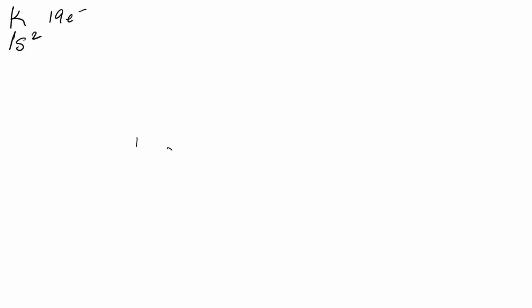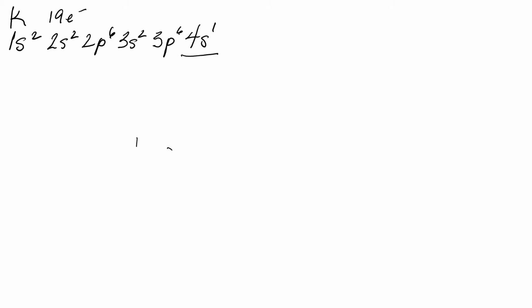So we have 1s2, 2s2, 2p6. We're following the periodic table, going across each row, doubling back and going to the next. We have 3s2, 3p6, 4s1. This is the last electron in that potassium atom.